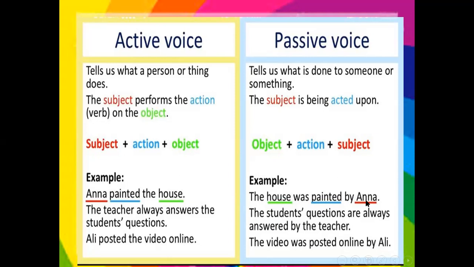The same thing happened to the second sentence. The object was the students' questions. So we put it first, the students' questions, then the verb, answers, and then by the teacher, which is the subject.